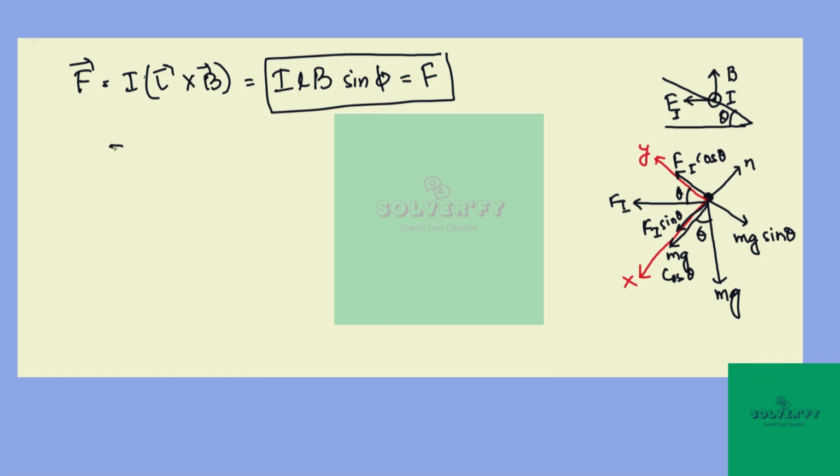And since the net force on the wire is zero, for the wire to be at rest, we should have the summation of Fy equal to 0. We should also have the summation of Fx equal to 0, but as you can see, Fx consists of all the forces along the positive x direction. To counteract that, we have the normal force, the contact force from the plane of the incline.